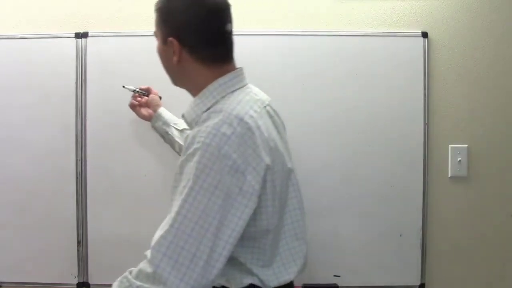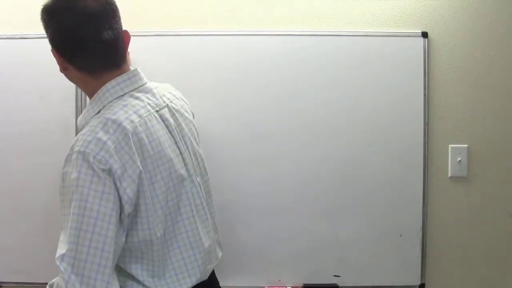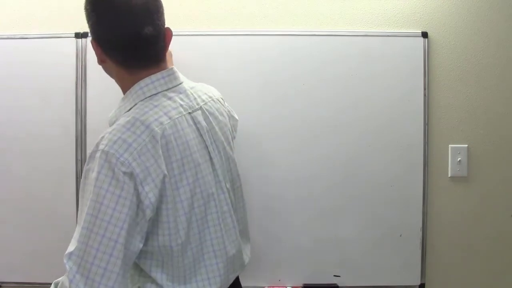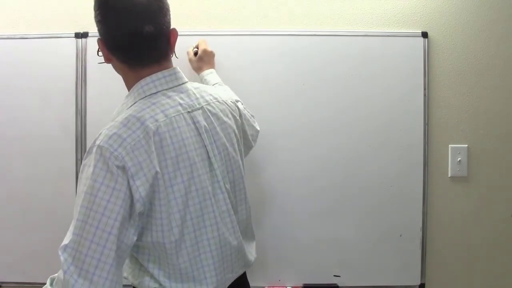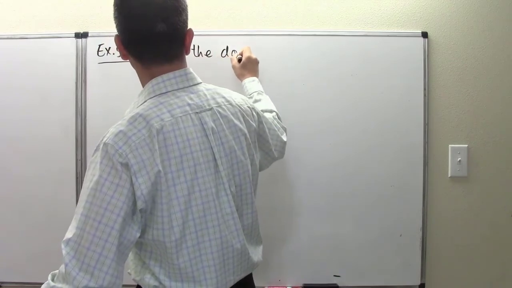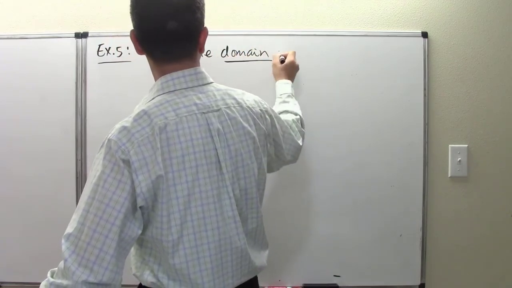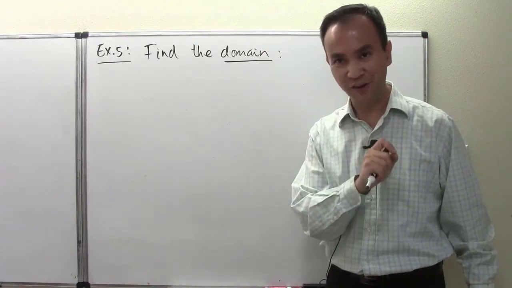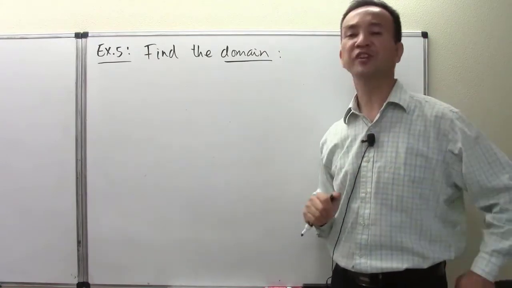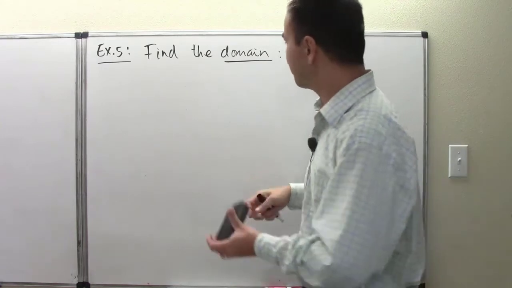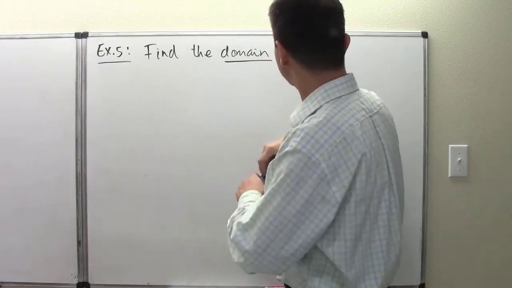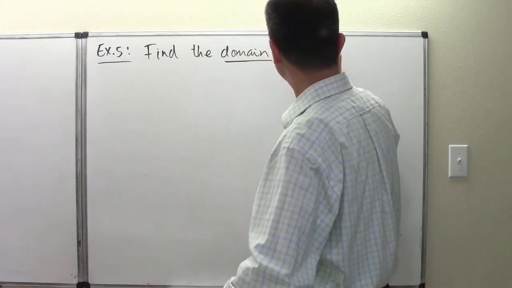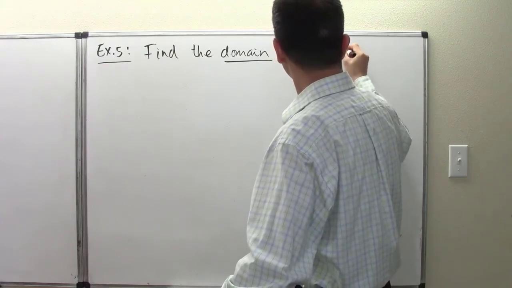All right, so let's call that example 5 right here. Here we just want to find the domain. And of course, the default is to express the final domain in interval notation. So find the domain of the following function.